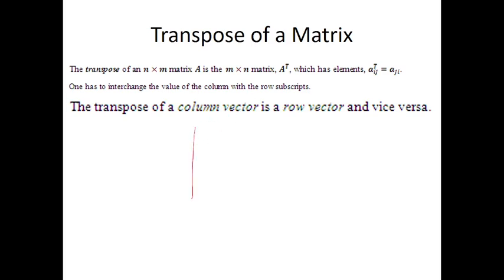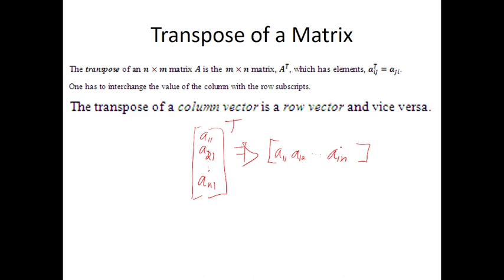Okay? So column vector, pag na-transpose, magiging row vector. Okay? So A11, A21, up to AN1 becomes A11, A12, hanggang A1N.